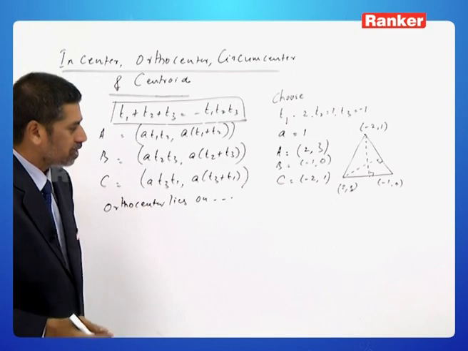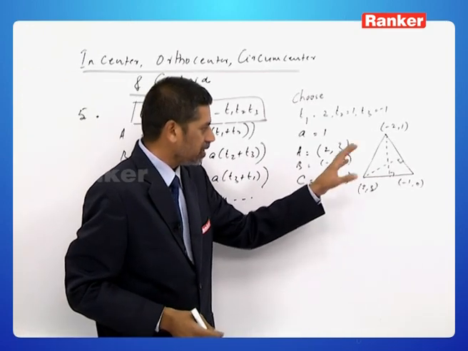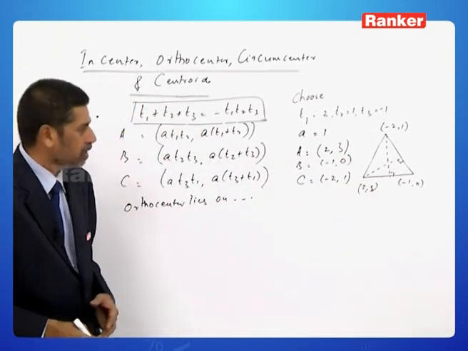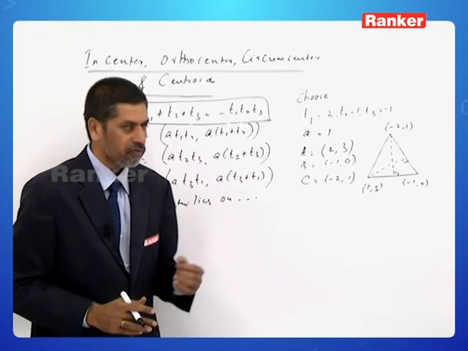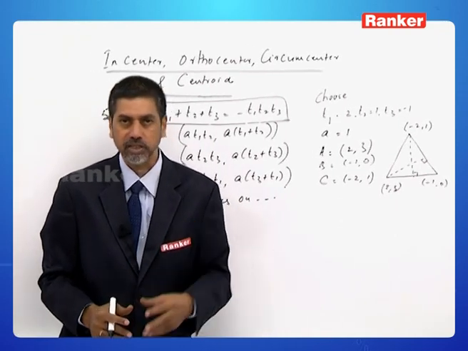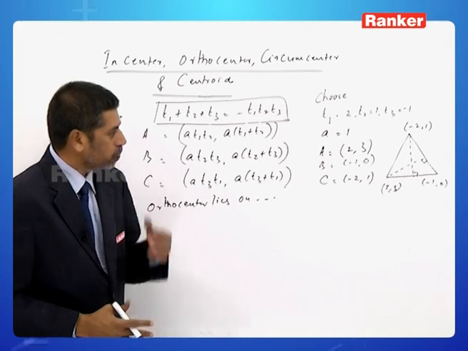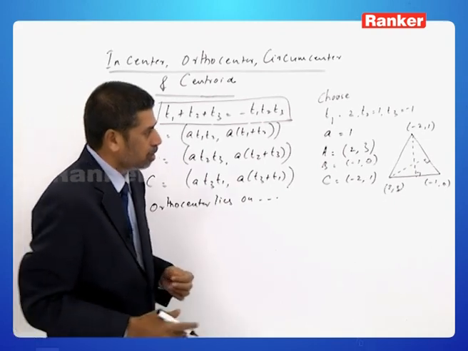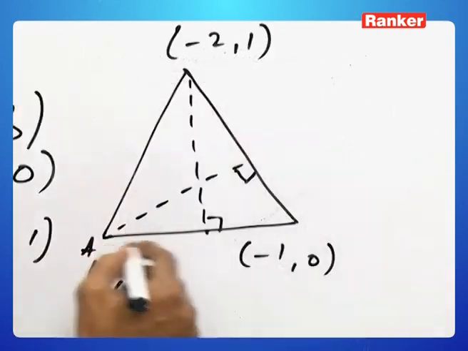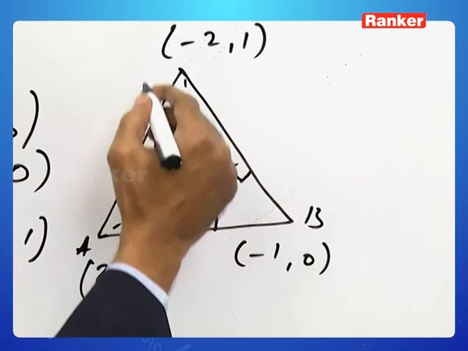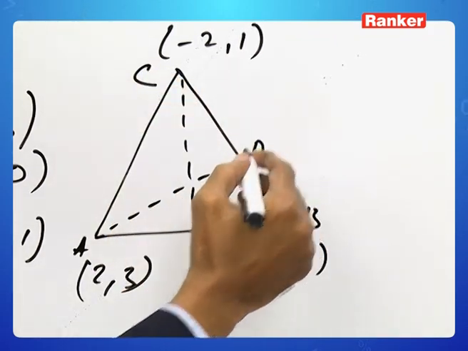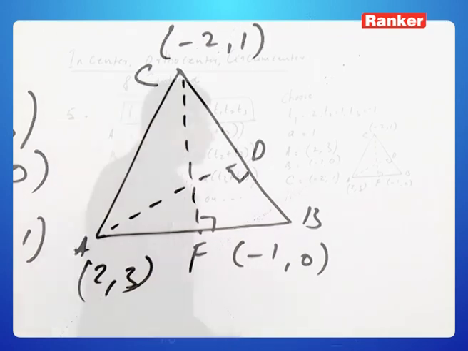Of course, you have to make one investigation whether the triangle is right angled, in which case it becomes very, very easy. Here the question is not to find the orthocenter, but the line which contains the orthocenter. So let's give some names. Suppose this is ABC. Let us call this AD and let us call this CF.